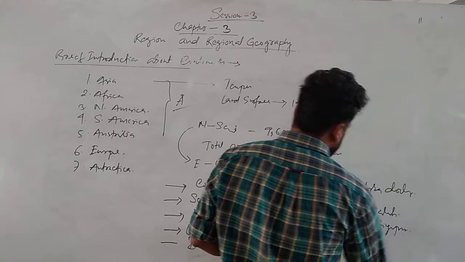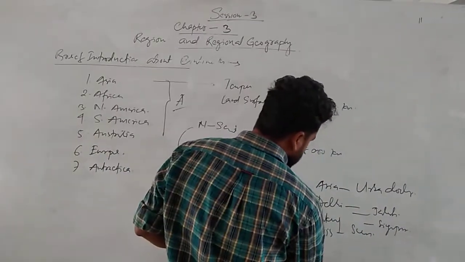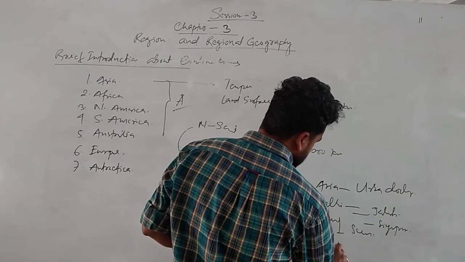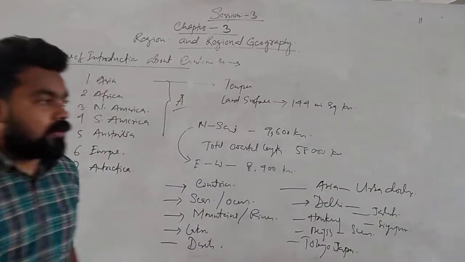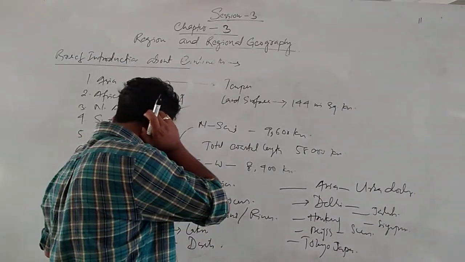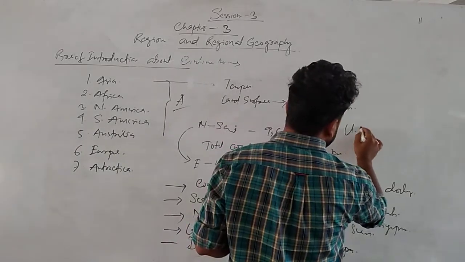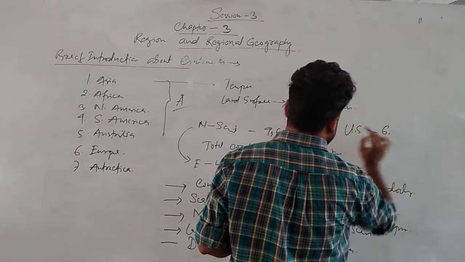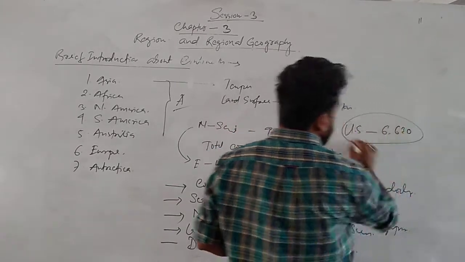These belong to Asia. Okay. Tokyo is the most populous city in the world, that is in Japan. Nowadays generally in Asia, last time we studied in US dollars, Asia's per capita income is 6,630. So this is the economic data.